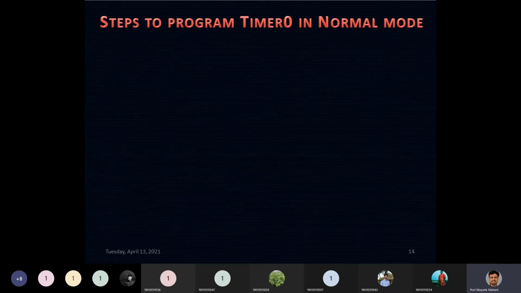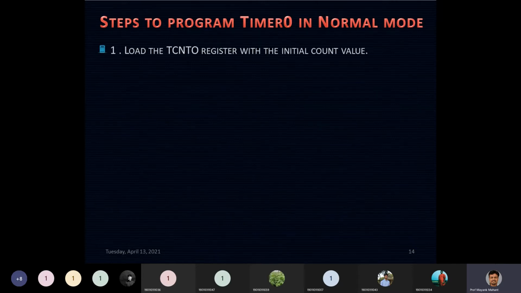So what steps do we need to carry out if I want to program my Timer 0 in the normal mode? Let us discuss each step one by one. The first step is to load the TCNT register with the initial count value.